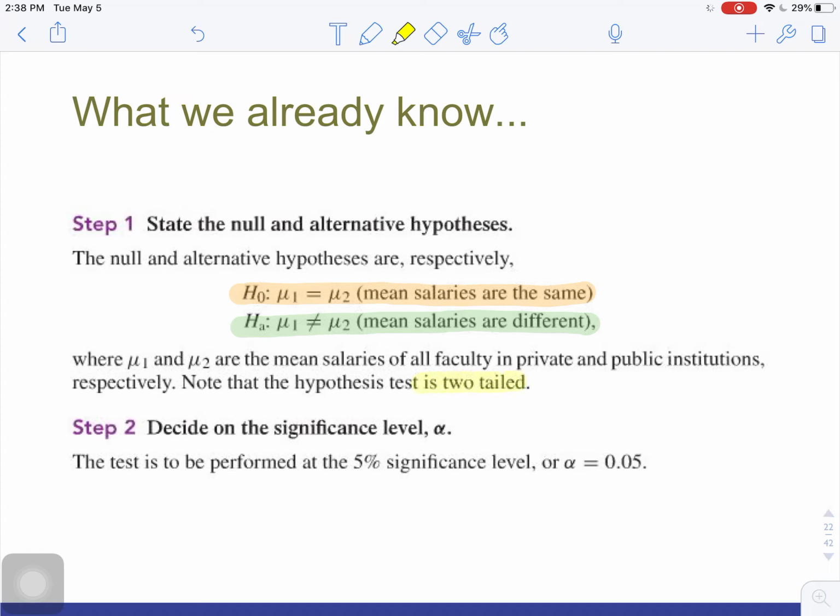We notate that it is a two-tailed test, and our significance level is 5%. Don't forget that because it is a two-tailed test, when looking at the t-value column we have to divide that number by 2. So we're actually going to be looking at the column with 0.025.